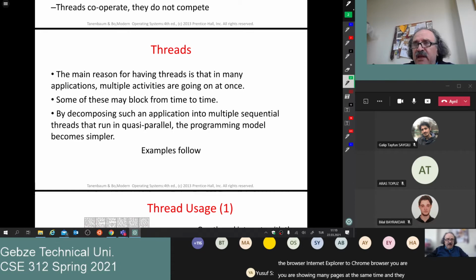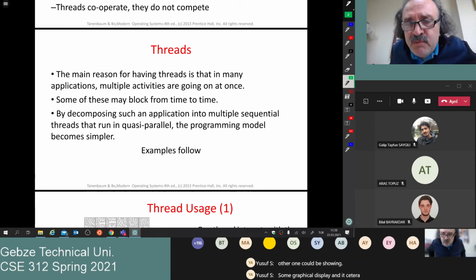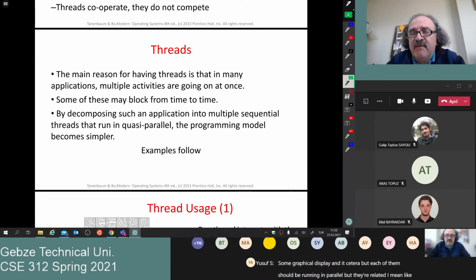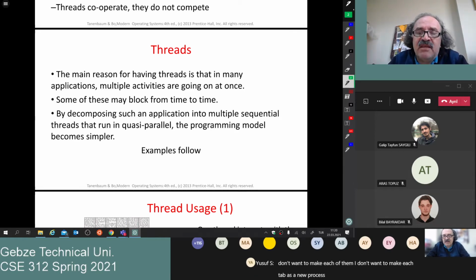One of them could be loading pages, another could be showing some video, another could be showing some graphical display, etc. But each of them should be running in parallel. But they are related. I don't want to make each tab a new process, but I'd like to make each a parallel thread. So one thread may block from time to time, and I am going to continue with the other.